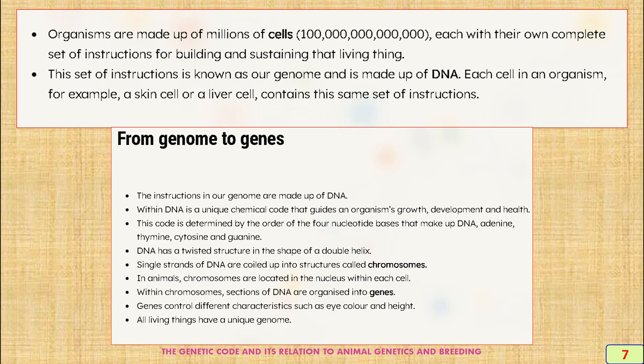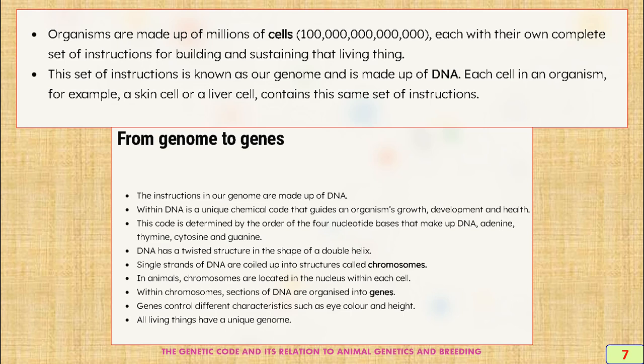Genes control different characteristics such as eye color and height, and in livestock the milk yield, meat quality, growth rate, reproductive rate, disease resistance pattern, size of the egg, size of the body, production rate, sustainability of the animals, and the food conversion ratio, converting the food into milk and meat. All these are determined by the genes.